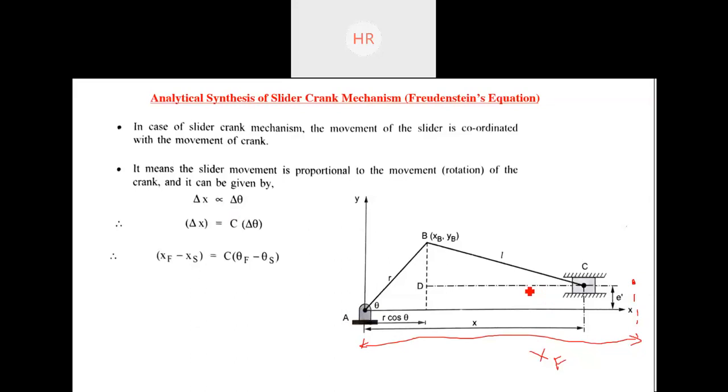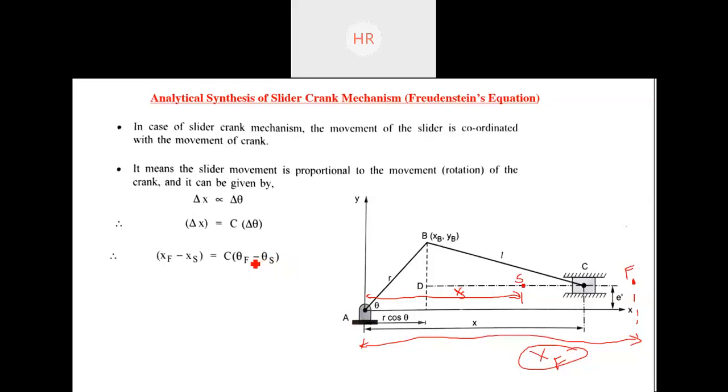And suppose the slider started sliding from here. This is finish and this is start. So this distance is xs. Where the slider starts sliding, that is the starting position denoted by xs, and where the slider ends sliding, that is the final position or xf.